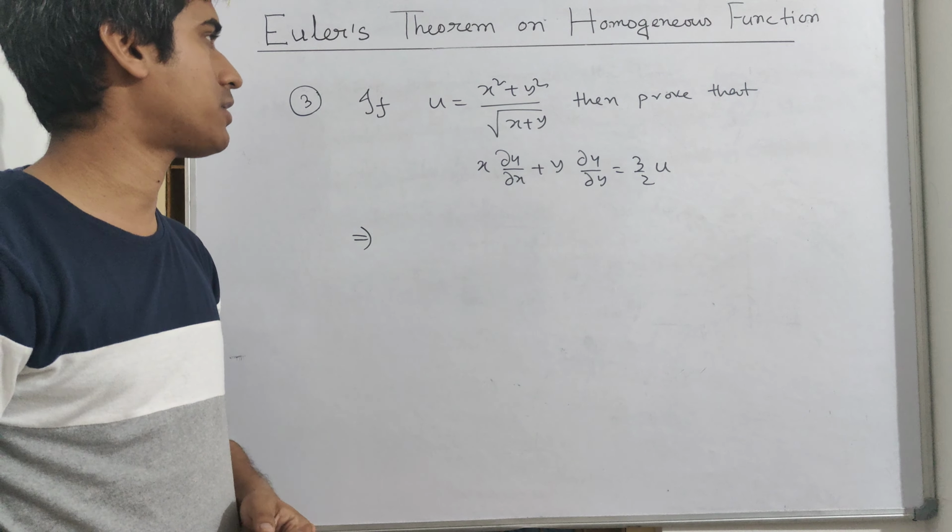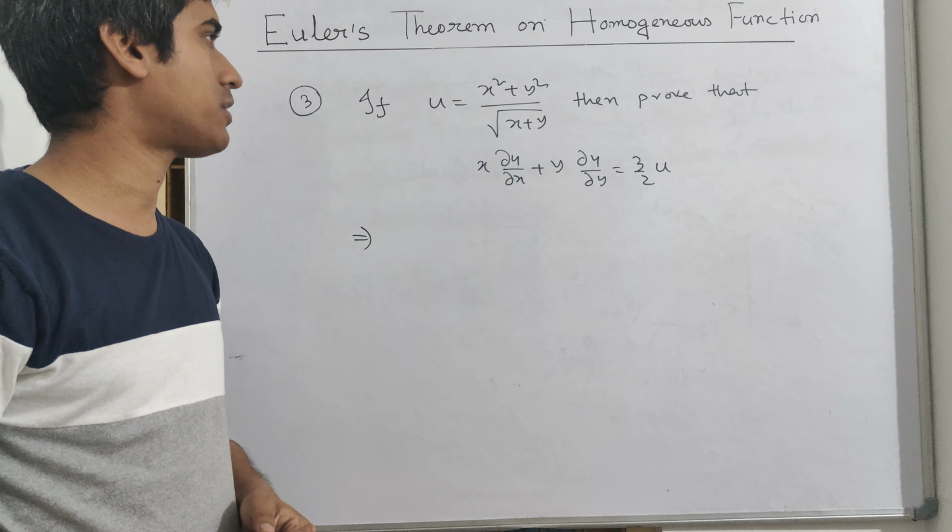So we will take common x² from the numerator, so the numerator will be x² into (1 + y²/x²), and the denominator will be root x. If we take root x common from the denominator, then the denominator will be root x into (1 + root over y/x).